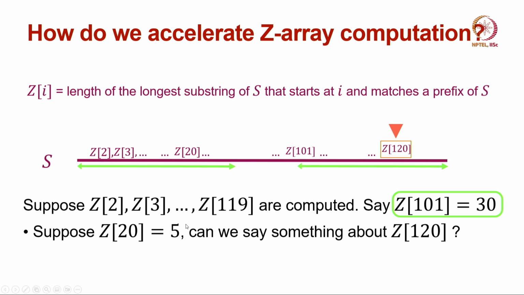Suppose additionally I give you the information that Z20 is 5, meaning the longest substring starting at position 20 that matches the prefix of S is of length 5. Can we say something about Z120 from the information I gave you?